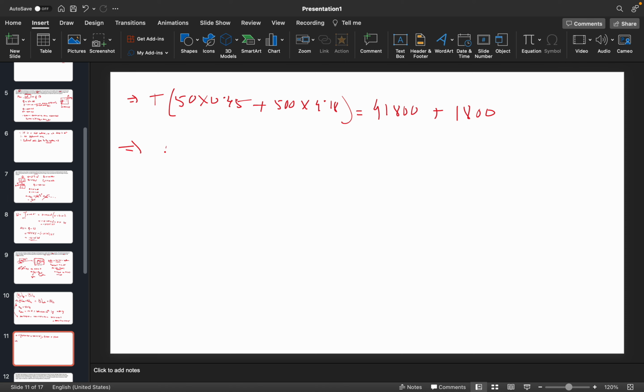So you'll get the final temperature as 41800 plus 1800, divided by 50 into 0.45 plus 500 into 4.18, and your answer will be 20.63 degrees Celsius.